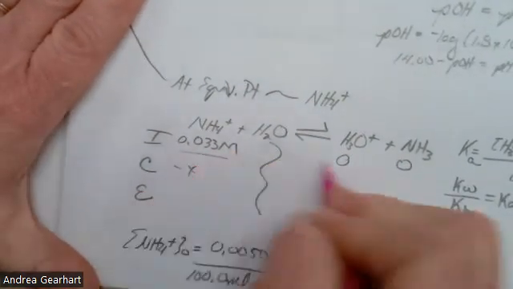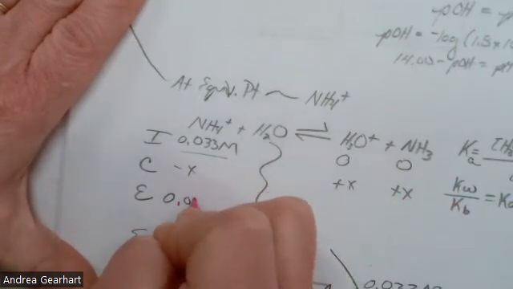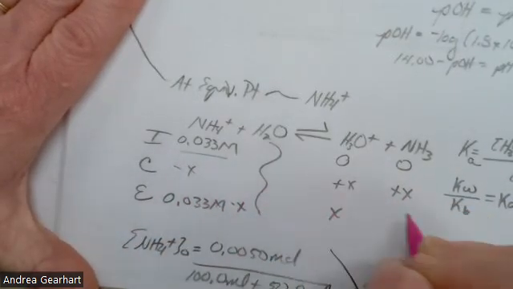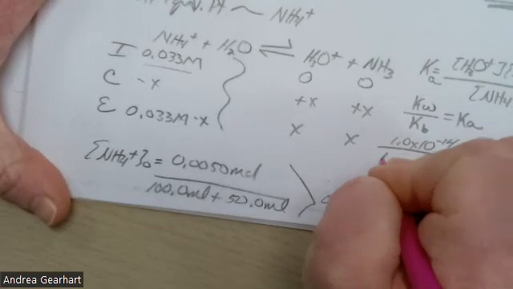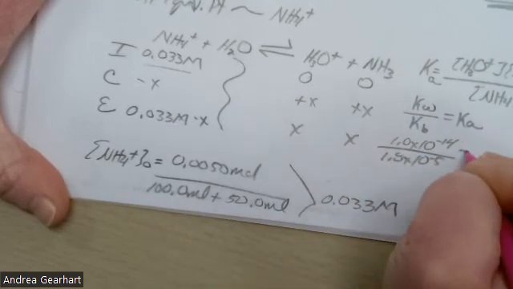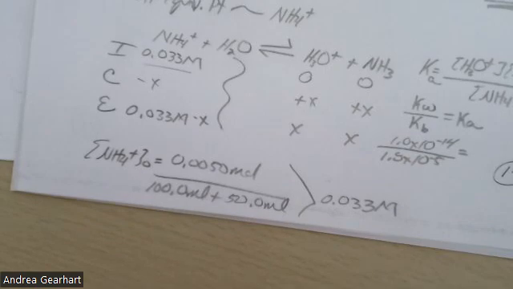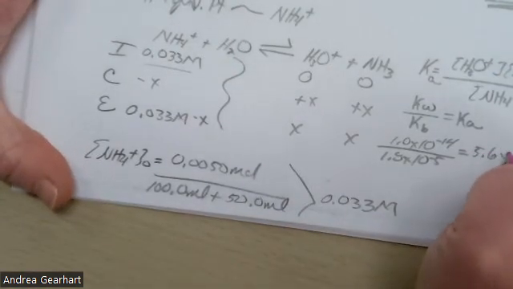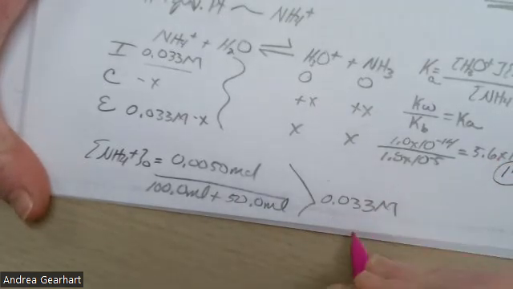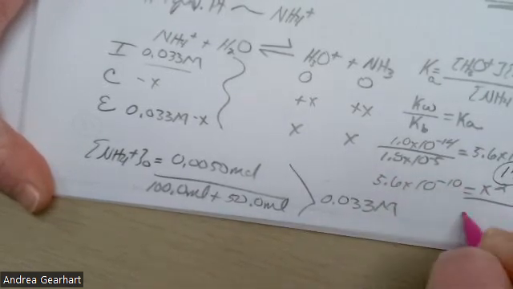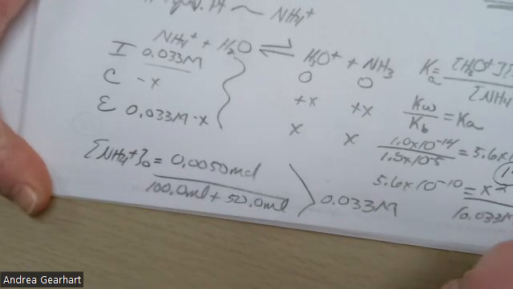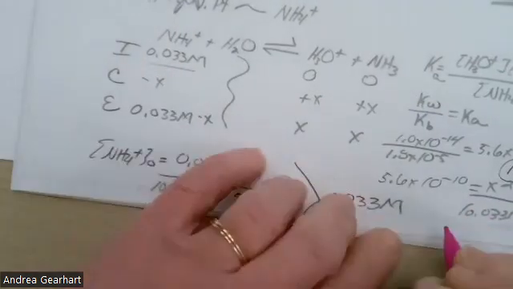All right, minus x, plus x, plus x. And then we're going to solve for our x. It'll be 5.6 times 10 to the minus 10 equals x squared over 0.033 molar minus x. 5% will definitely stand.